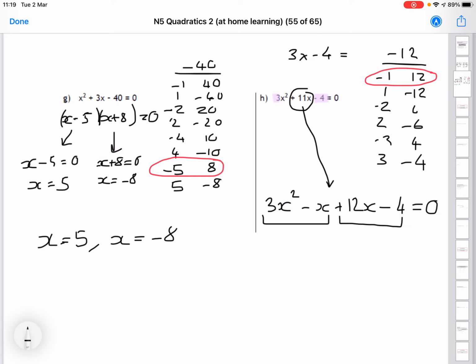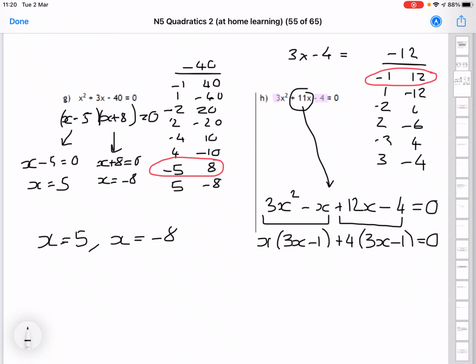And this is what's going to give me my double brackets. So 3x squared minus x, well, the factor there would be an x. And then in the bracket, I would have 3x minus 1. And then for 12x minus 4, they both divide by 4. So that's my factor. So it's 4 bracket 3x minus 1.